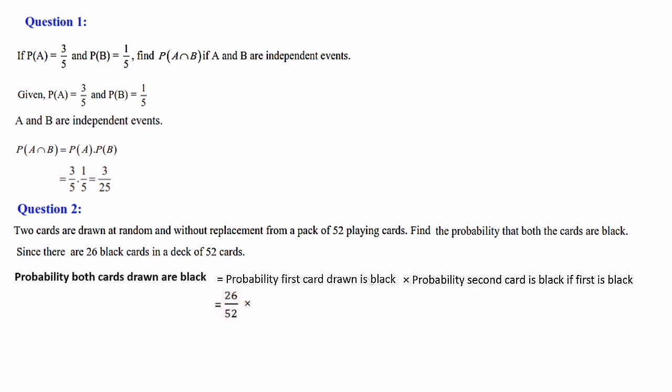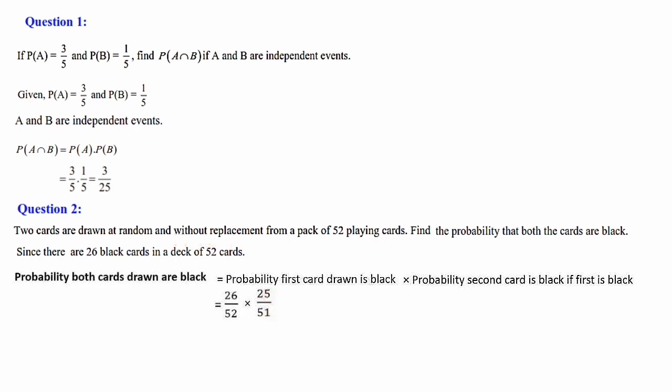So 26 will reduce to 25, because one black card has been taken, and the total number of cards also reduces by 1, so only 51 remain. So the next probability will be 25 divided by 51. One card is reduced; that is what without replacement means.